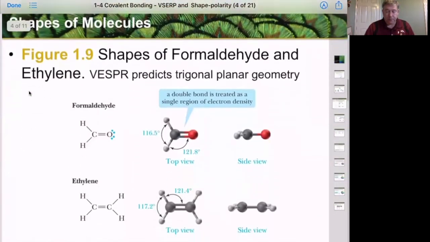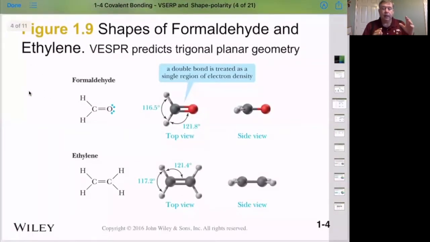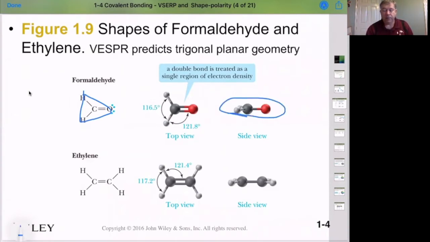So when we go to the trigonal planar configuration right here, again, all 3 of these atoms are in the same plane. And so when we take that molecule and tilt it on its side, we see that it's nice and flat with those 4 being almost evenly spaced out.